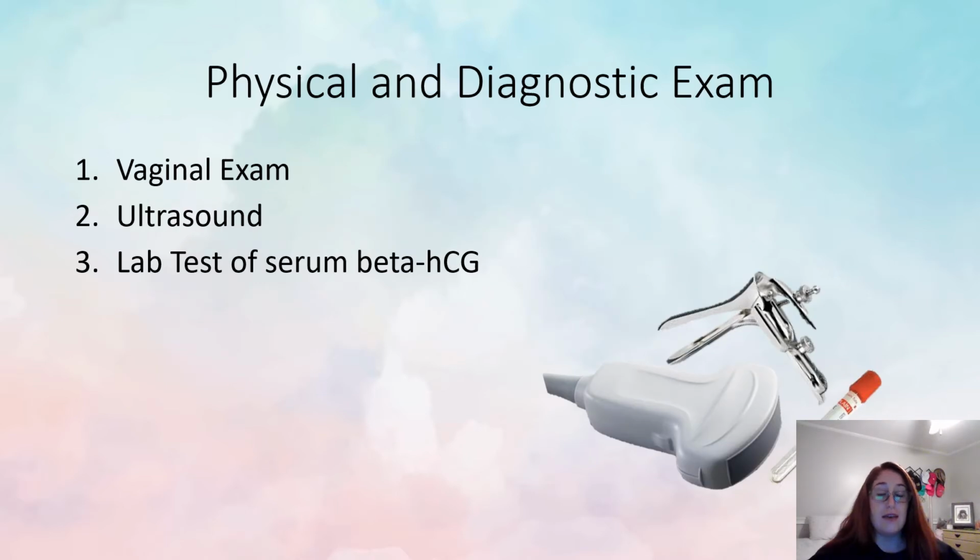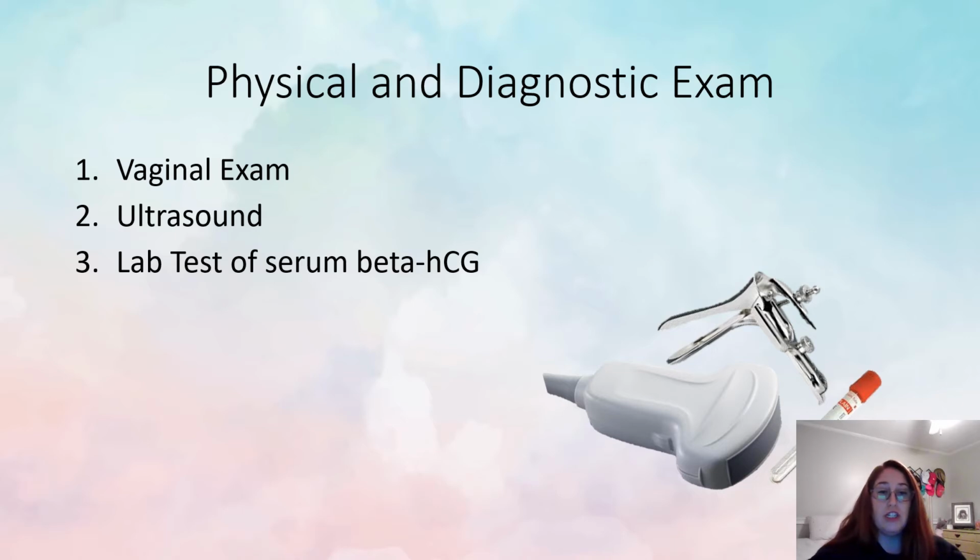For physical exam and diagnostics, we want to perform a vaginal exam on this patient to assess for large cystic ovaries. This can be common with molar pregnancy. We also want to perform an ultrasound like we do with every pregnancy, but on a molar pregnancy, we would see grape-like clusters with or without a fetus present.